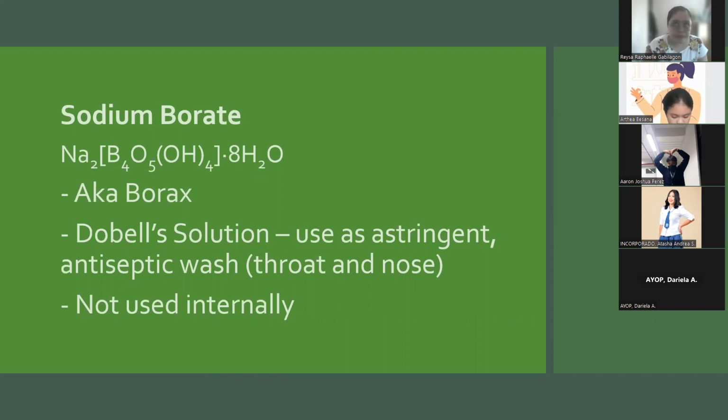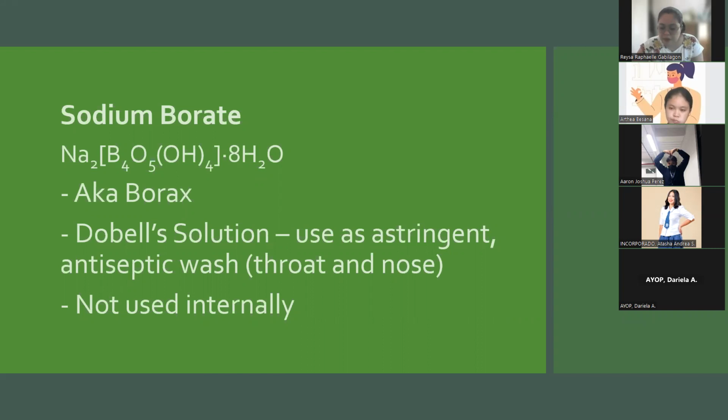We can use that for the throat and nose, but it cannot get into the blood, ha, because it will have a negative effect. So it is external most of the time, like in our cosmetic products, like on the skin, if we want to shrink the pores, okay, or the tissues, or it can also dry up secretions.